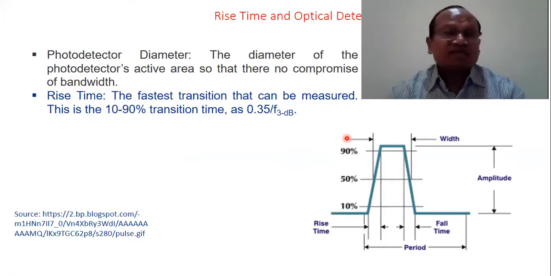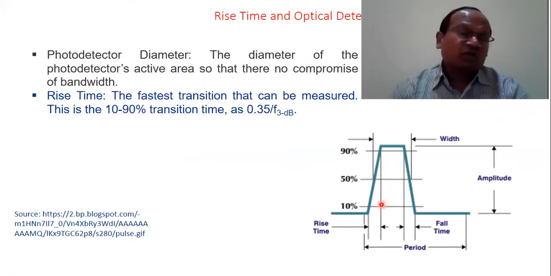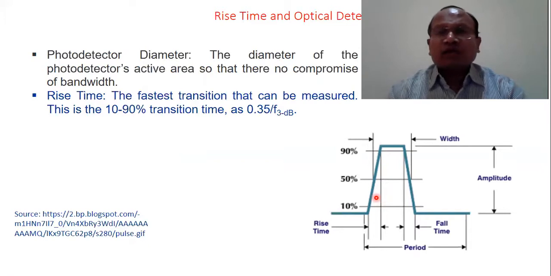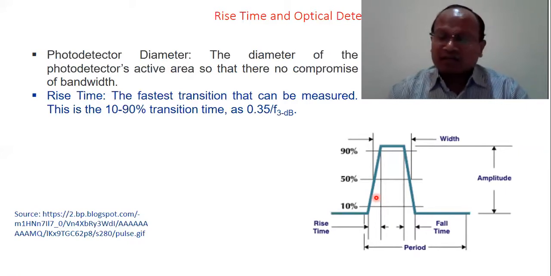Here you can see the standard definition of rise time. You can talk about control systems, signal processing, or circuit theory; everywhere rise time is generally defined in two ways. In control systems we have two types of system, underdamped and overdamped. So we define either 10 to 90% or 0 to 100%.